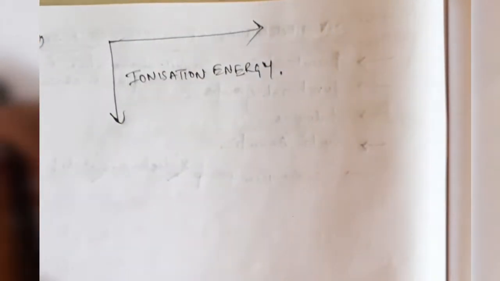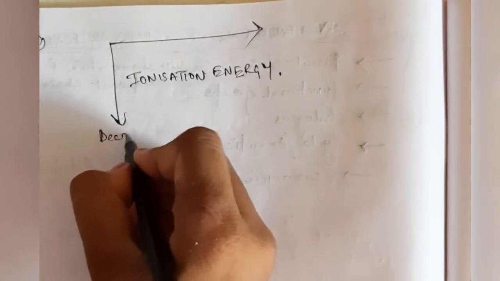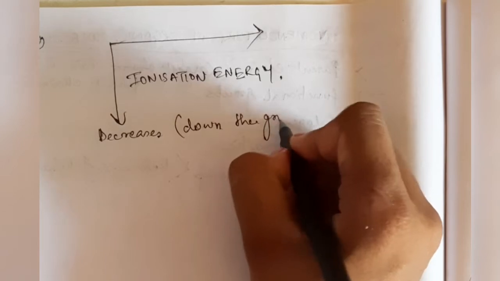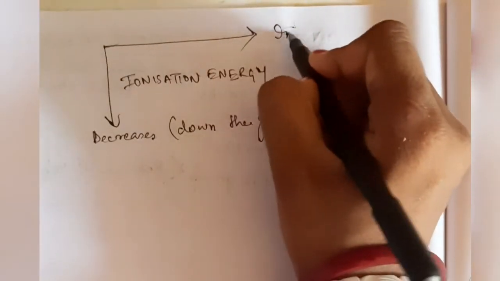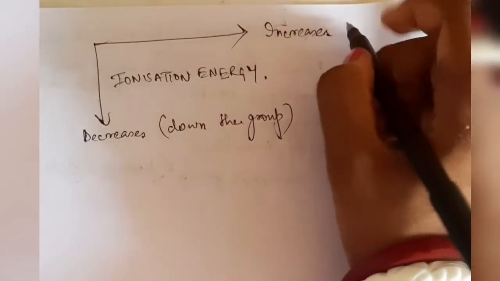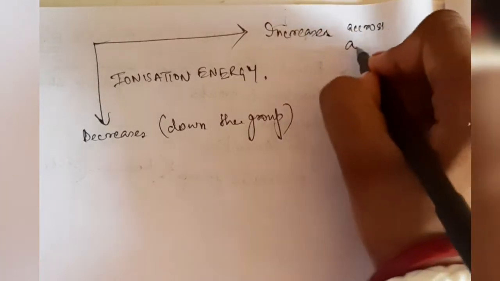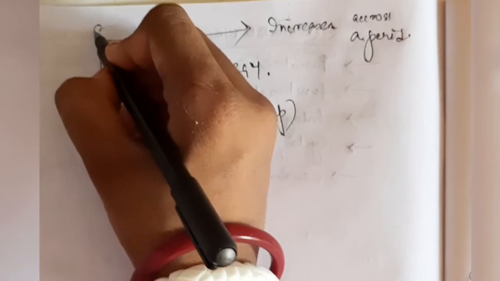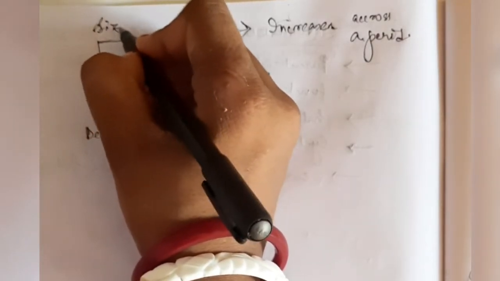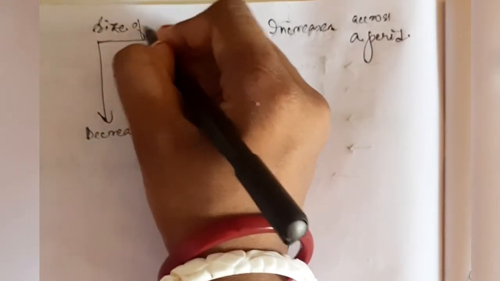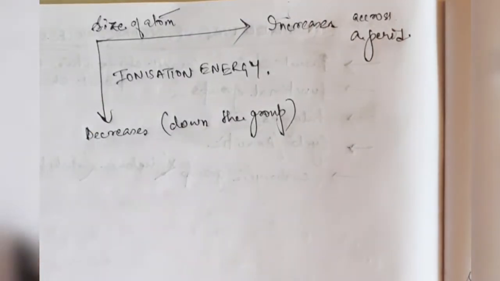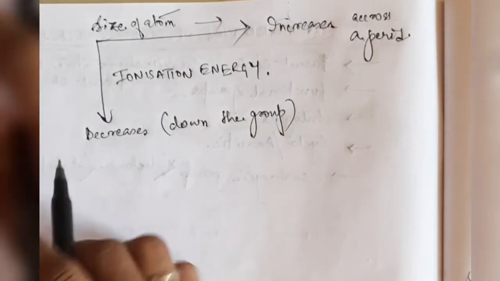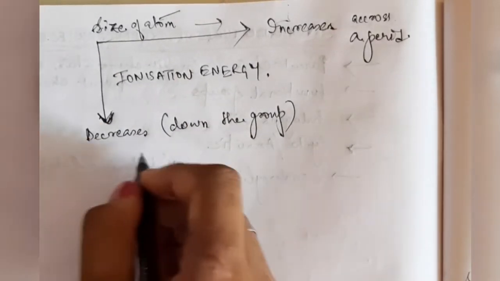You should remember ionization energy decreases down the group, and it increases across a period. Why? Because the radius and size of the atom decrease, and hence removal becomes difficult. So ionization energy increases across a period and decreases down the group.